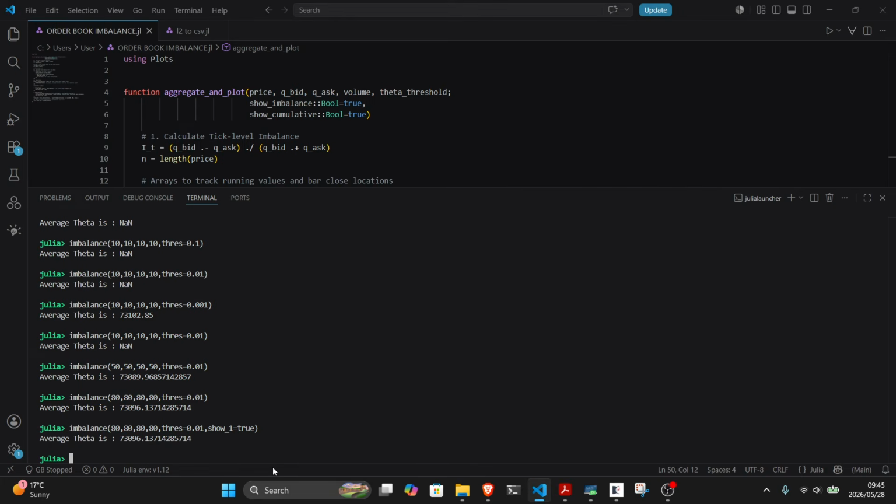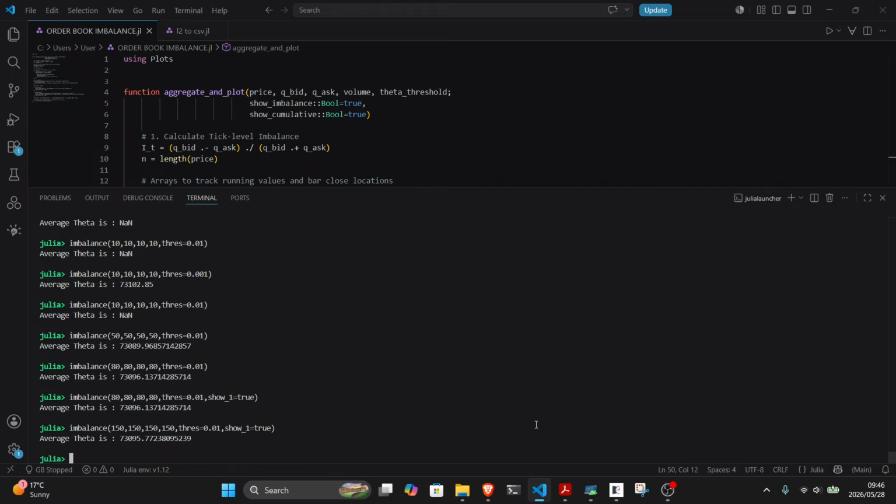Now what I want to do is show how it looks on more data. I'm going to just go 150. Now our average theta has actually decreased.